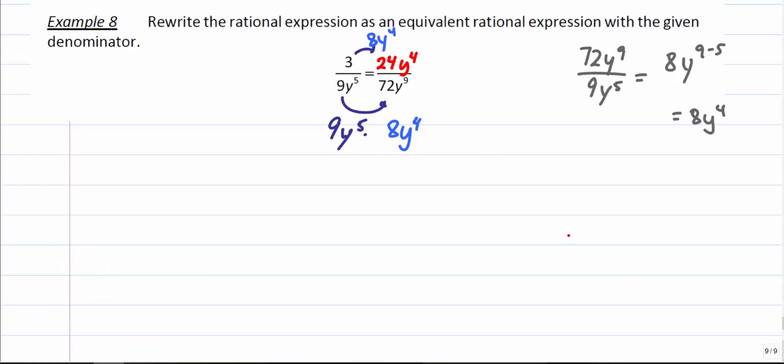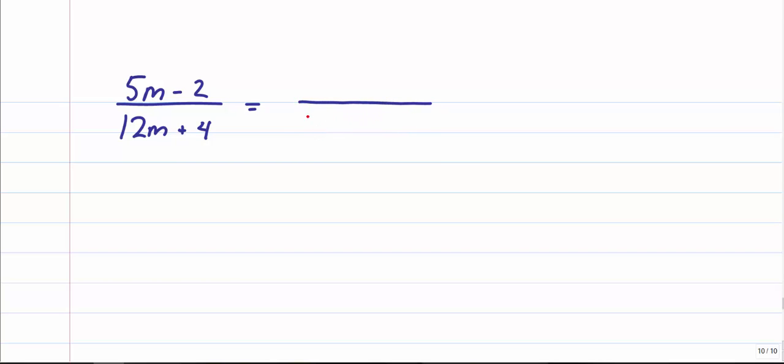So if I had an example like this, 5m minus 2 over, let's say, 12m plus 4 equals 4n times 3m plus 1.